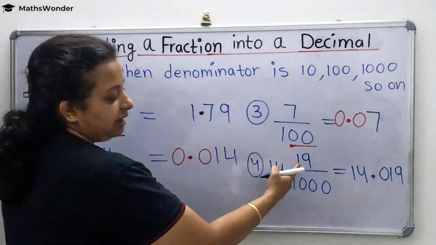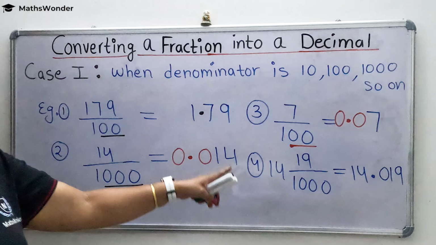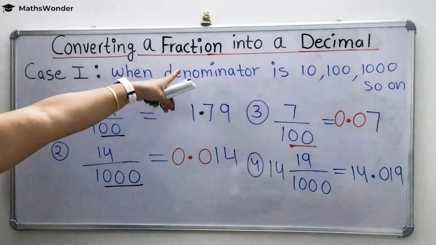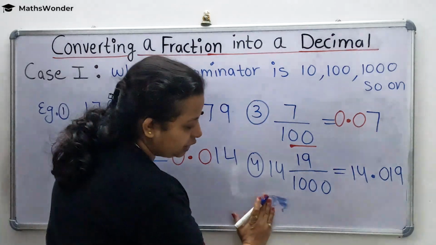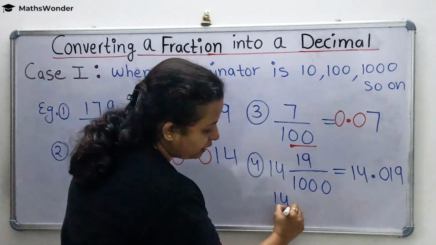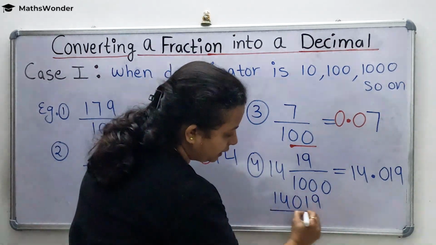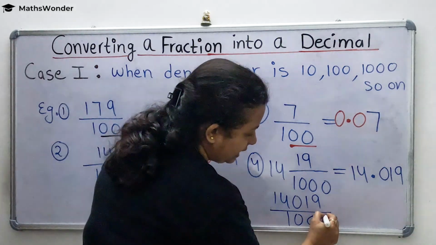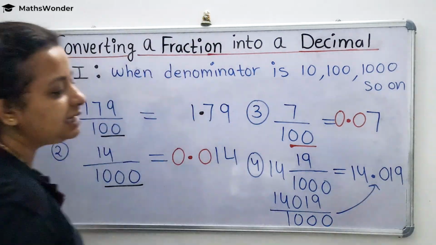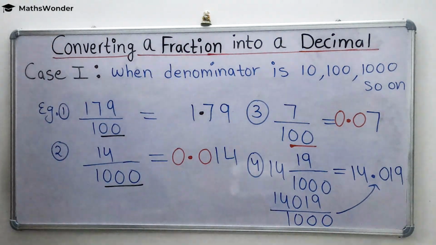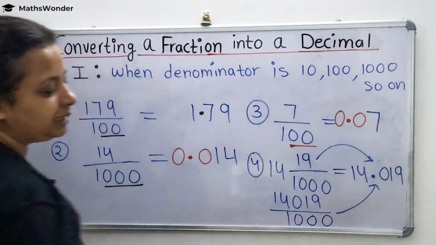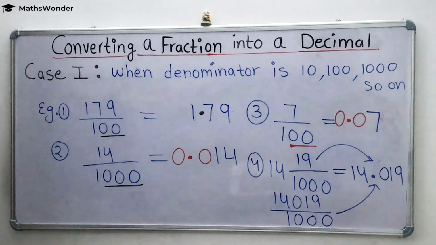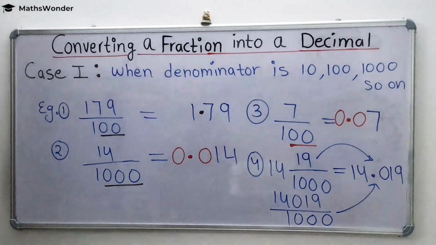Or if not possible, we have already done the reverse form, decimal into fraction. You will write 14019 over 1000, and then you can easily convert in this way. So this is the direct method and this is another method. We have two methods. You can convert it directly, or you can do it in 3 steps. Both will give the same answer anyways.